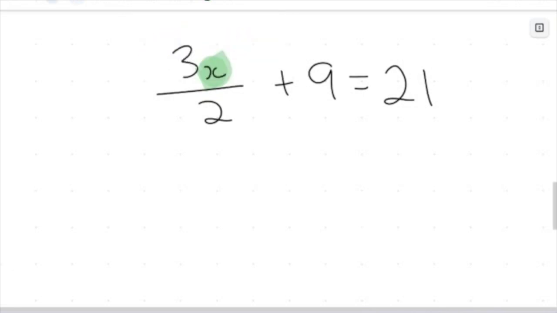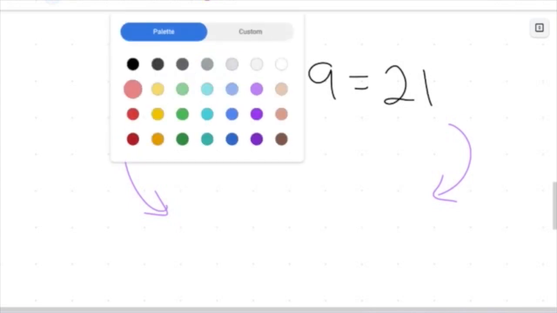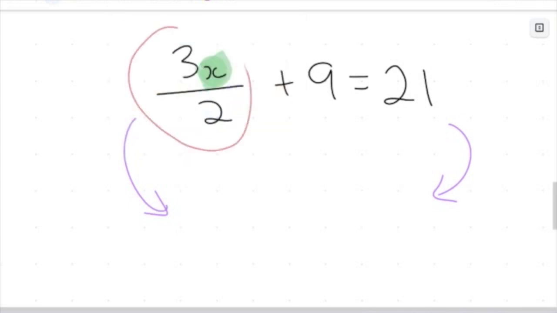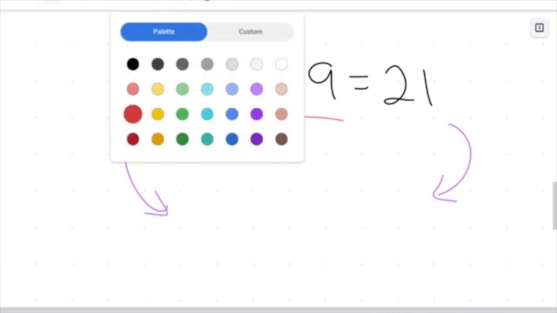Now, here I have that this entire term, 3x over 2 plus 9, equals 21. We added 9 to it and we got 21. So my entire thing here, my 3x over 2, should be 9 less than 21.